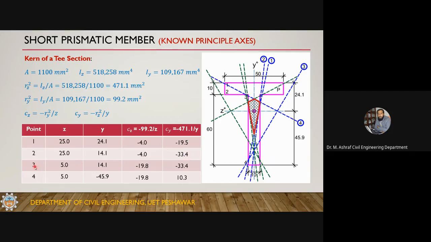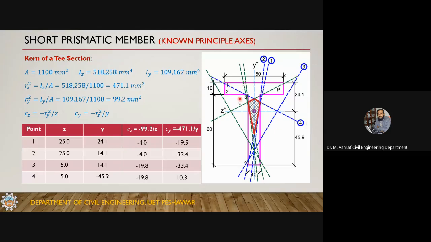Next is point number 3. Its intercepts are minus 19.8 and minus 33.4, so you will get line number 3. For line number 4, the intercepts are minus 19.8 and plus 10.3. Just join them and you will get line number 4.